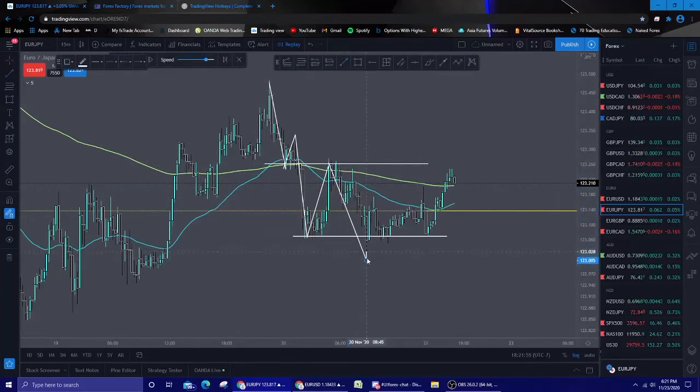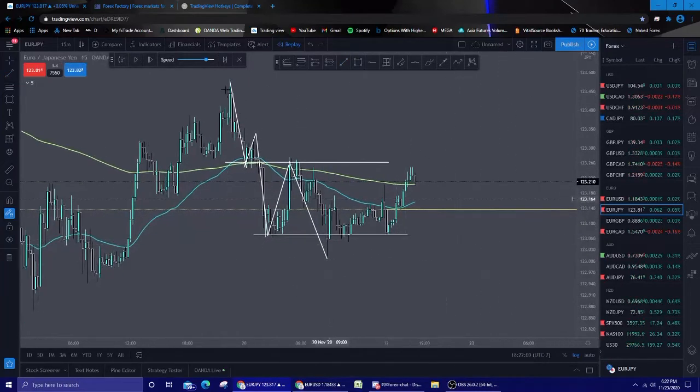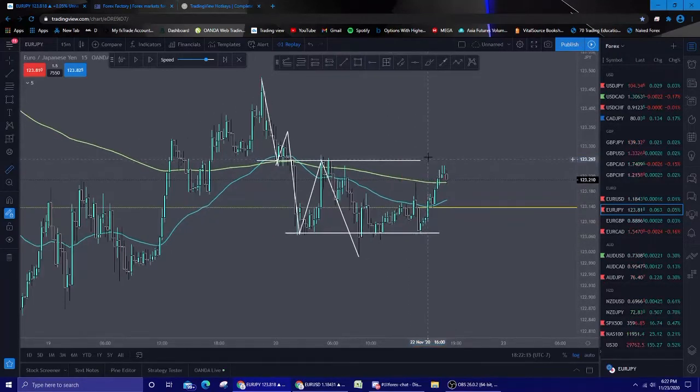And what you want to look for, this is the whole key piece to this whole move right here. So we have that breakdown, push up, breakdown, push up into this low, pulled back down. And right now, what we want to see is price break above this before we can look at more buy positions or where the market's going to move on from here.